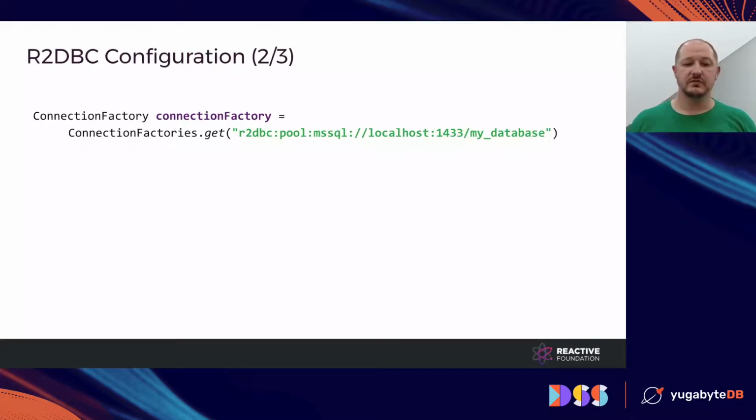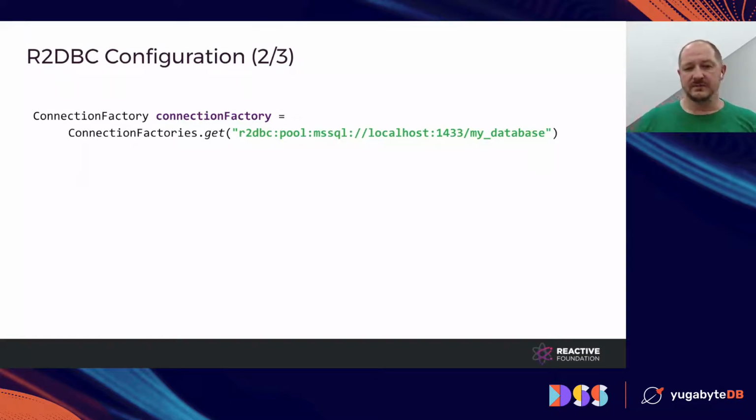The connection URL has a scheme and a series of prefixes. It has a standardized way to specify the host, the port, the database, or even a socket. You can specify vendor-specific options within the query string. And by handing in that connection URL, you then ask R2DBC to look up the driver to configure the connection factory accordingly. And from that time on, you're using the connection factory.